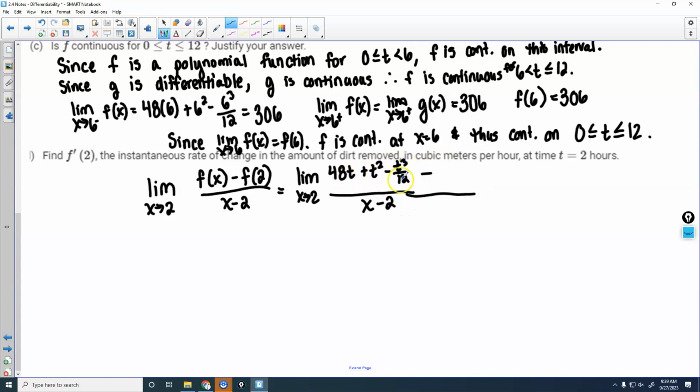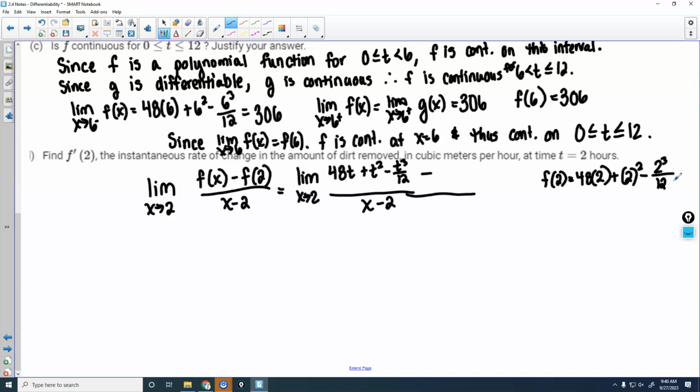This part is just f of x. We need f of 2, which would be 48 times 2 plus 2 squared minus 2 to the third over 12. So 48 times 2 plus 4 minus 8 over 12. Gosh, this is awful.